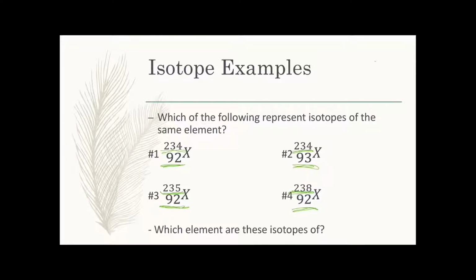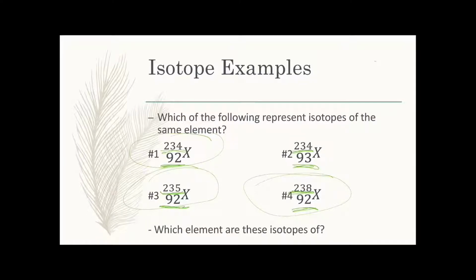The mass number can change and go all willy-nilly and crazy. The atomic number never changes. So the ones with the same element are going to be all the 92s because the atomic number is on the bottom, and that means that it's the same element.